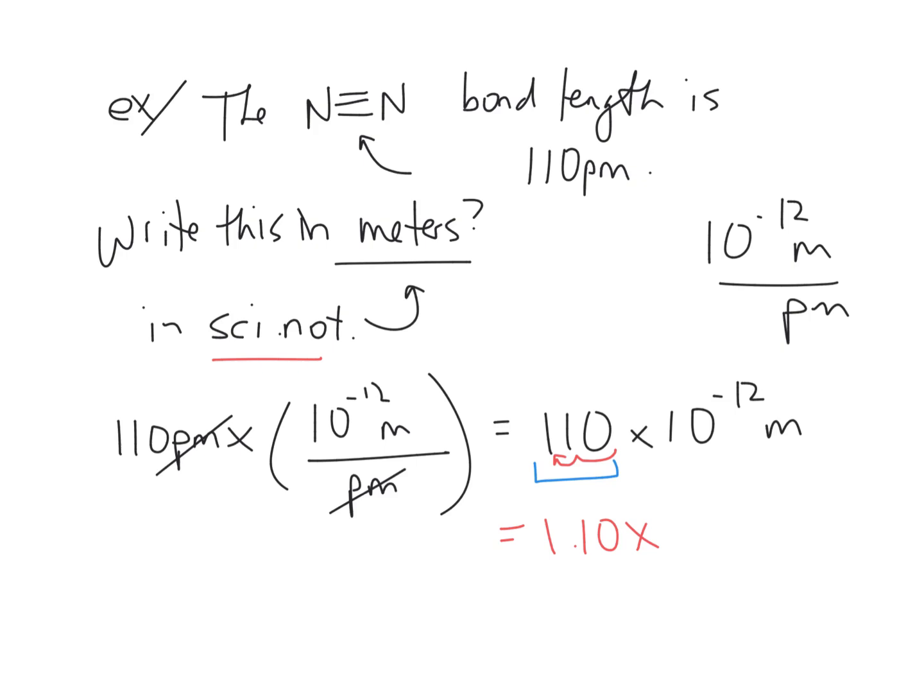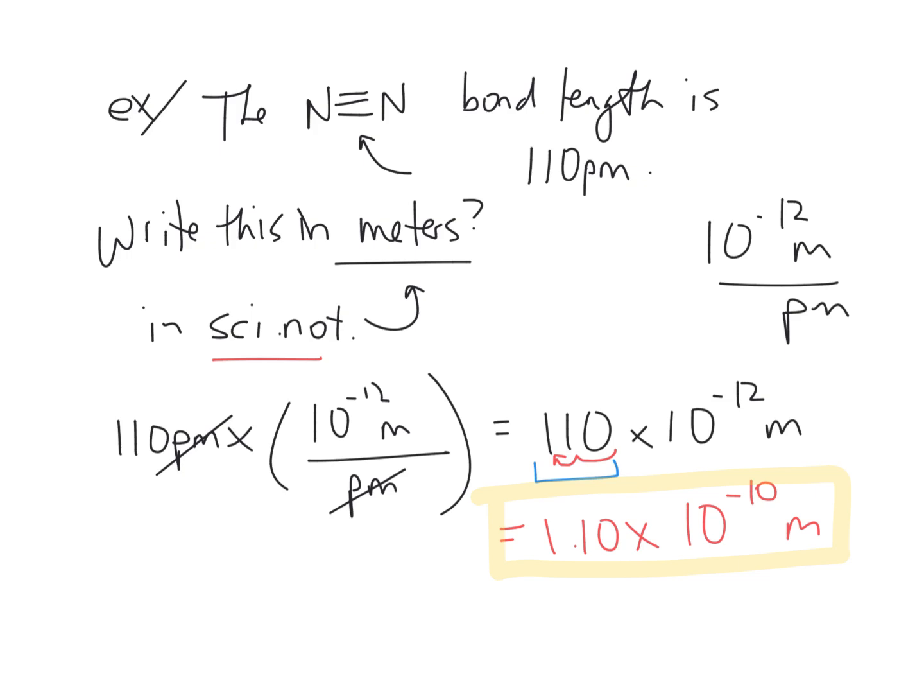So when you make the opening number smaller, you have to remember to make the power of 10 larger by the same magnitude. Okay, so we moved it 2 spots. We're going to make the power of 10 larger by 2 orders of magnitude, and that is the proper length of the nitrogen triple bond in meters written in scientific notation.